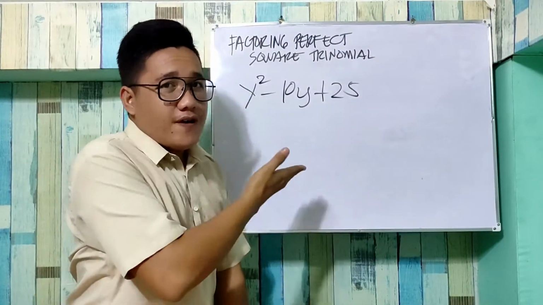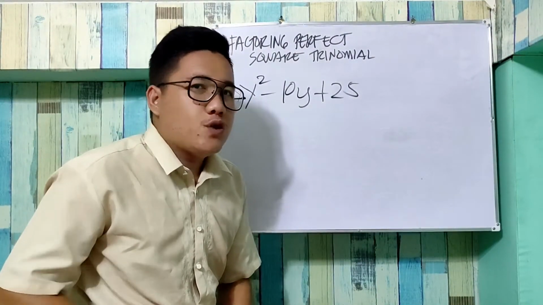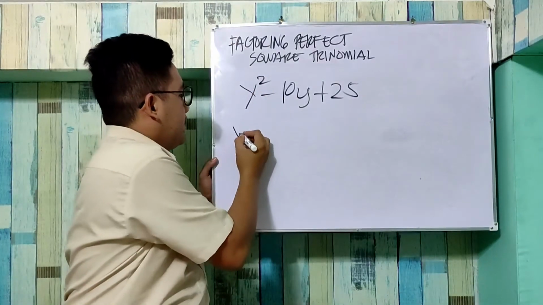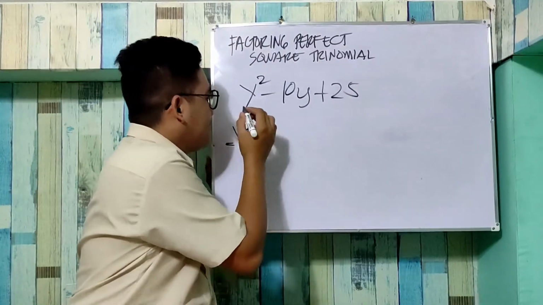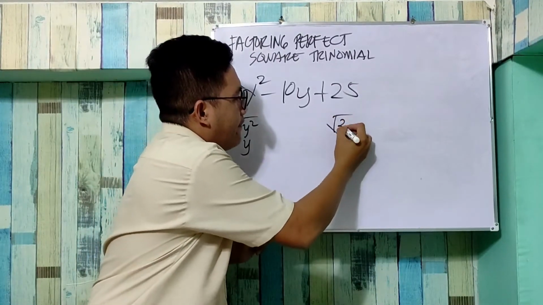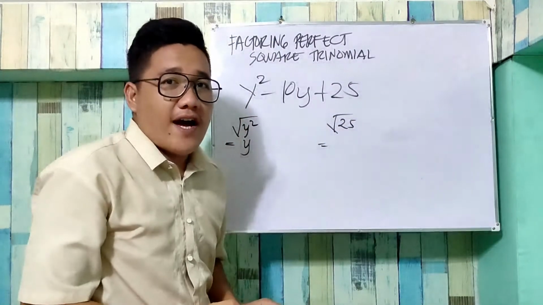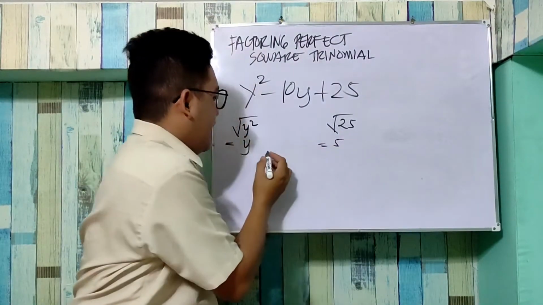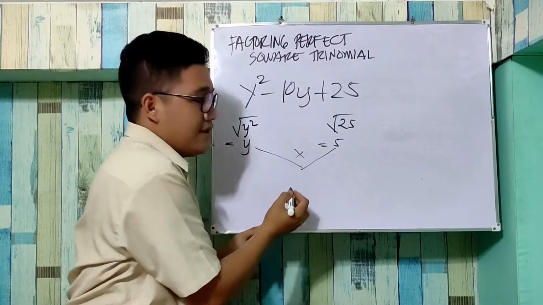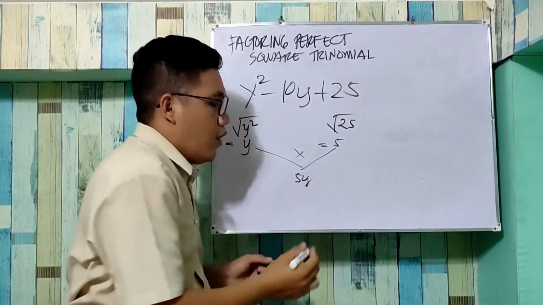Is this a perfect square trinomial? So let us check. Square root of y squared, that is y. Then, square root of 25 is 5. 5 times 5, 25. Let us multiply, that is 5y.